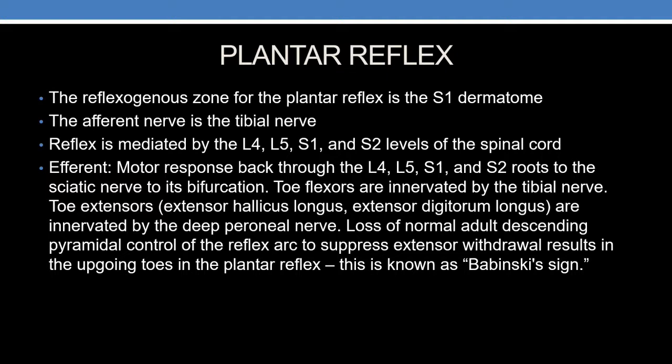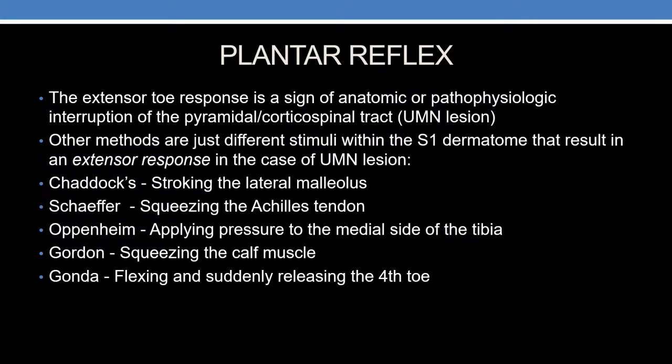And we call this a positive Babinski sign. It's positive for upper motor neuron lesion. So the extensor toe response is a sign of some sort of interruption of the pyramidal or extrapyramidal motor pathways. It's significant for an upper motor neuron lesion.